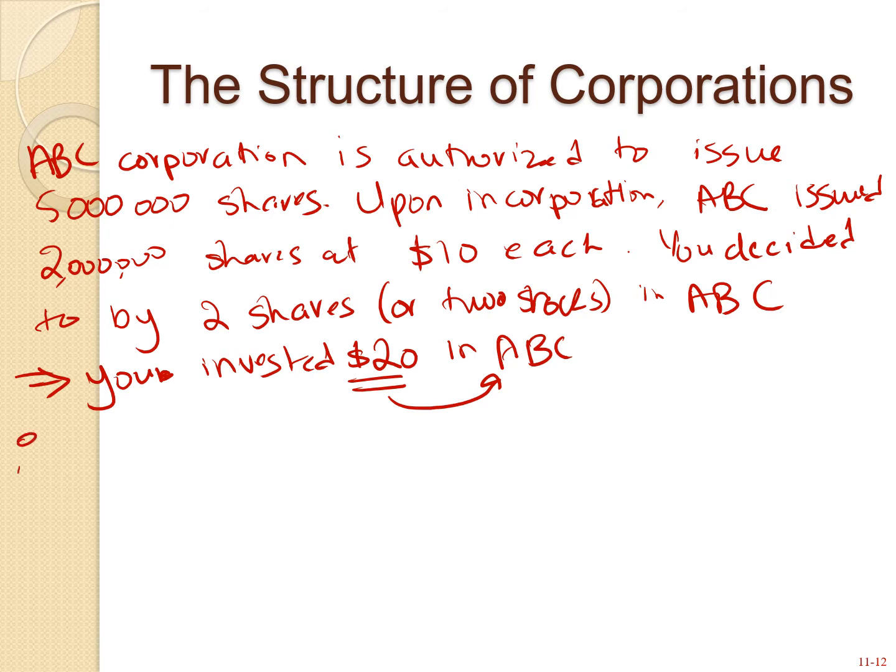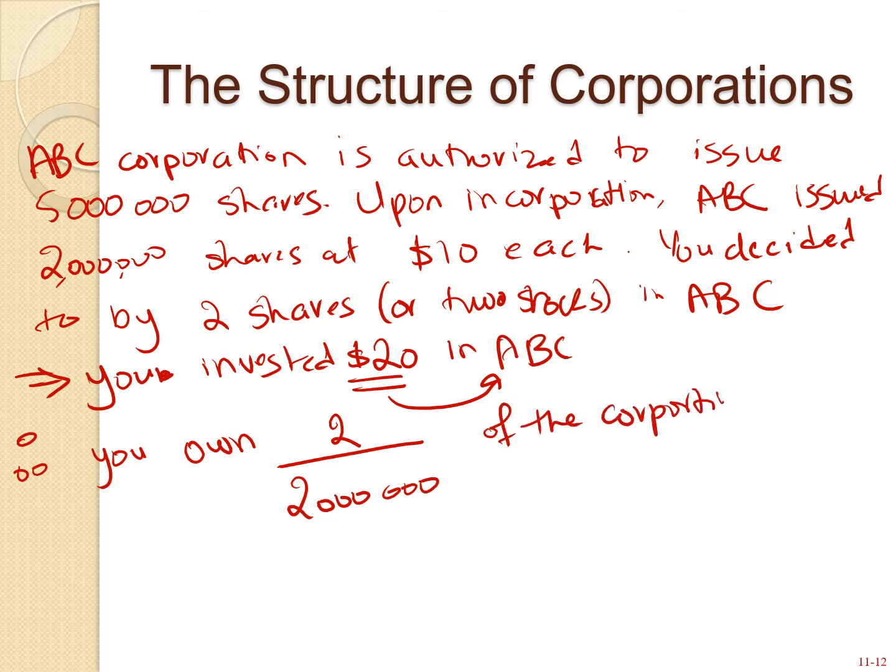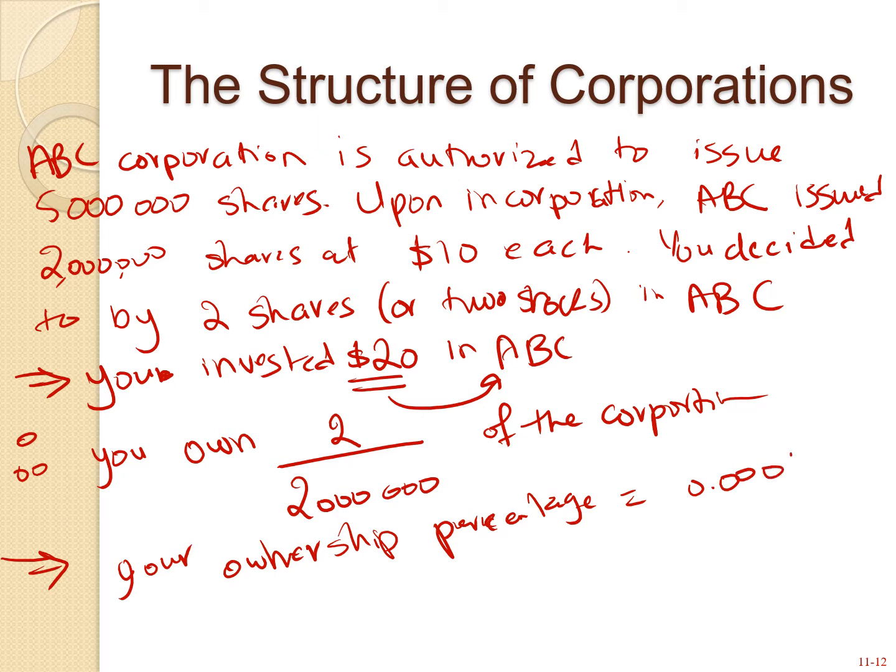Therefore, you own 2 over 2 million of the corporation. It means that your ownership percentage or portion is equal to 2 over 2 million, which is 0.0001% of ABC.